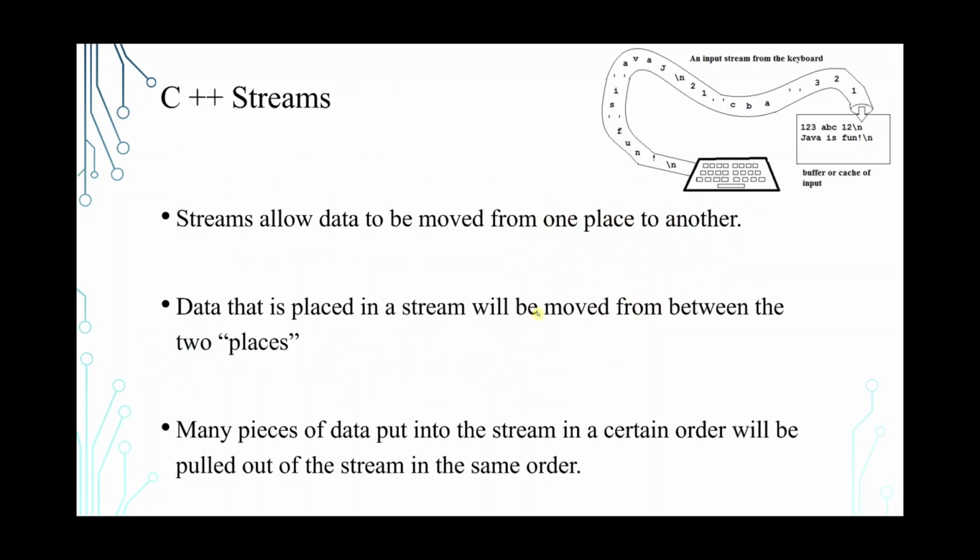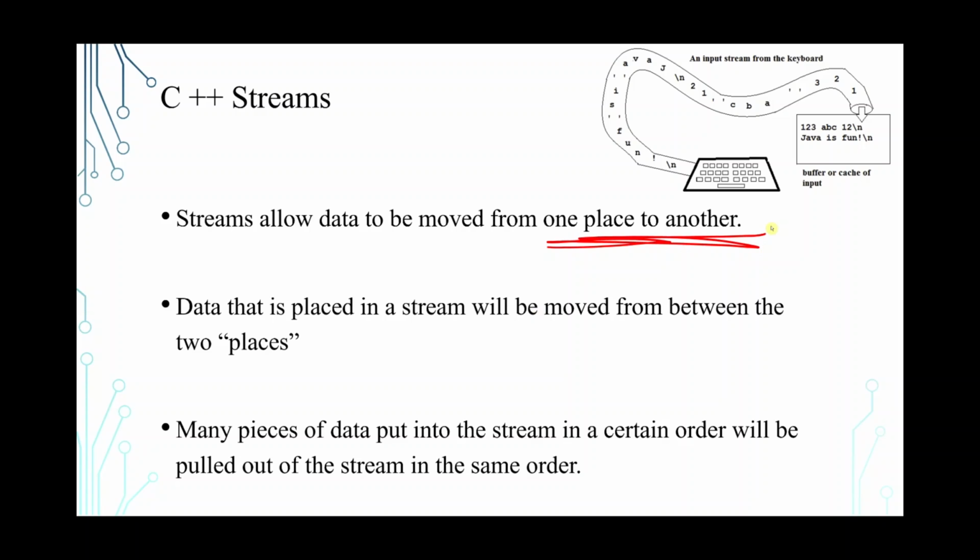So let's talk about the main thing we want to talk about today: C++ streams. Streams allow data to be moved from one place to another. The meaning of the word stream is basically a flow of something. Since we are talking about a flow of characters or data, in C++ a stream is a flow of data from one place to another.